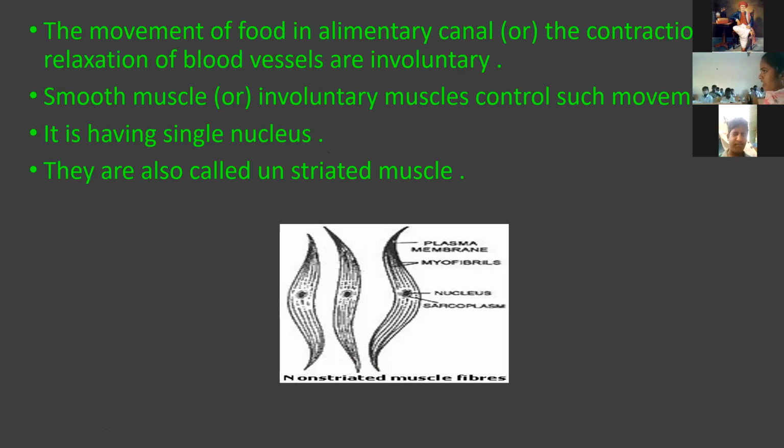Yes, we cannot stop it. We cannot control it with our brain. So those muscles are called involuntary muscles. We cannot stop the blood flow, and we cannot stop the food passage. That's why it is called involuntary muscle.